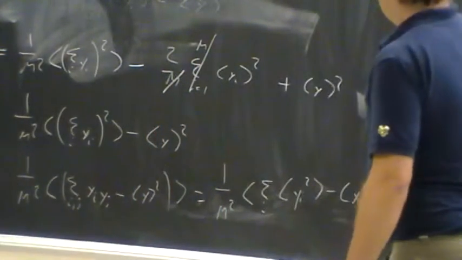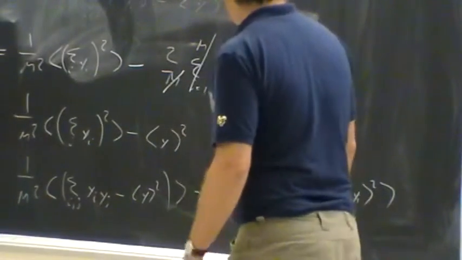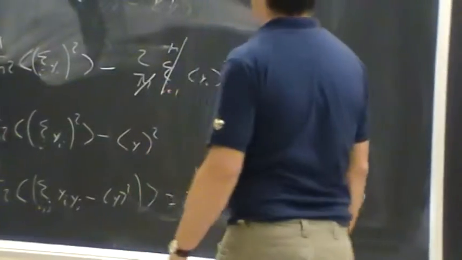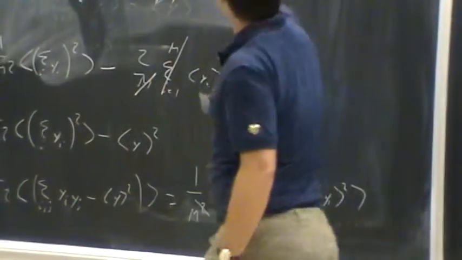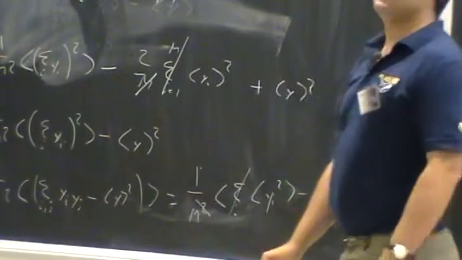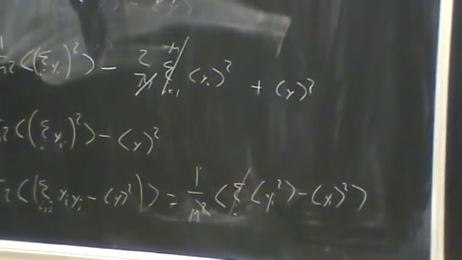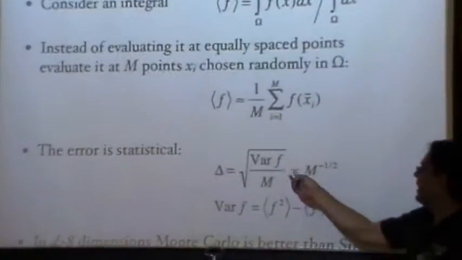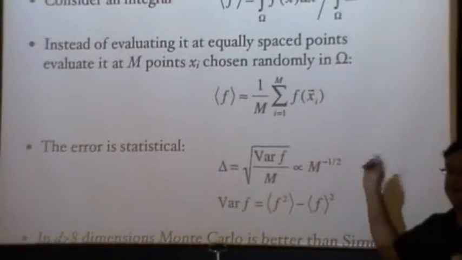Because the mean value is the same for all i, I can drop the sum against one of these 1 over m's here, and find that the mean squared error is just 1 over m times the variance. So the error will then be the square root of the variance divided by the number of samples, and that will go like 1 over the square root of m.